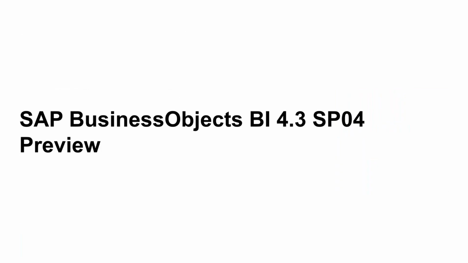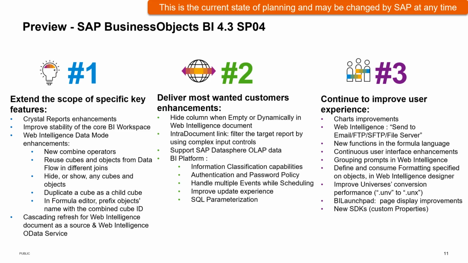So with that, let's talk 4.3 Service Pack 4. So the 3 pillars, number 3 is kind of always constant for us, right? We're always trying to improve the user experience, but I'd say number 1 and number 2 are the more important ones. Number 2, we really are listening to you, the customer base. So when you put things into the SAP Ideas place, or the Influence Councils, they look at this every quarter.